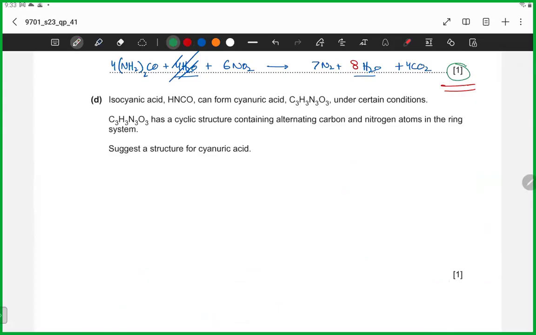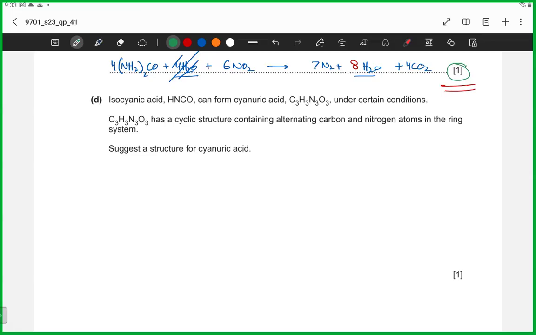So the next thing is isocyanic acid HNCO can form cyanuric acid under certain conditions. It has a cyclic structure containing alternating carbon atoms and nitrogen atoms in the ring system. So suggest a structure for cyanuric acid. How would you do that?